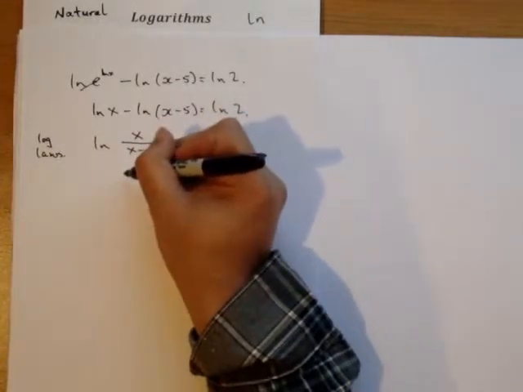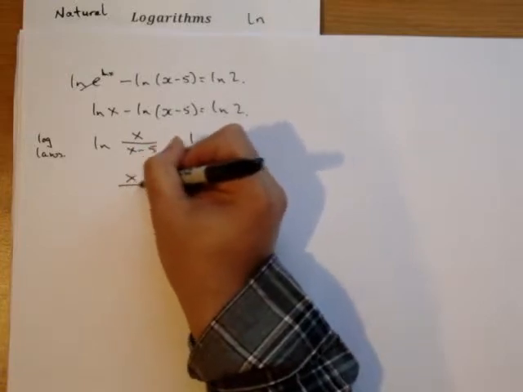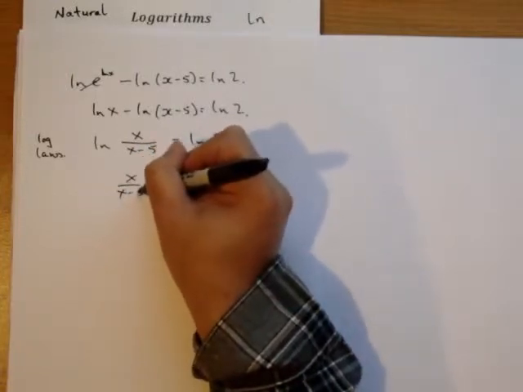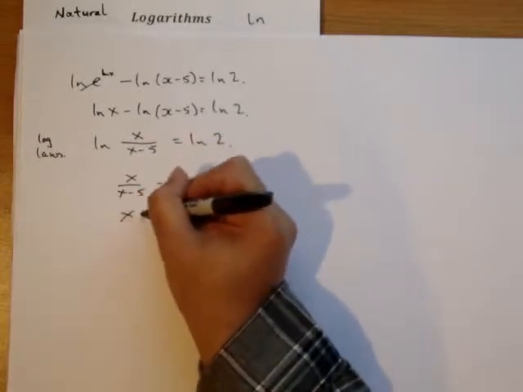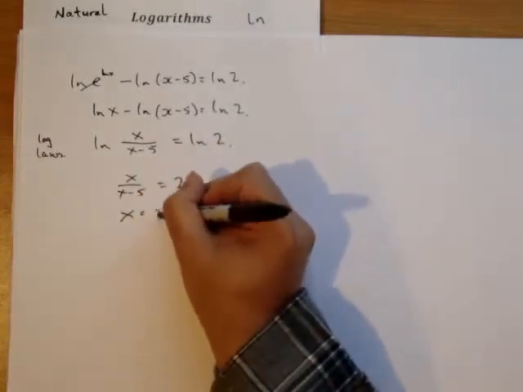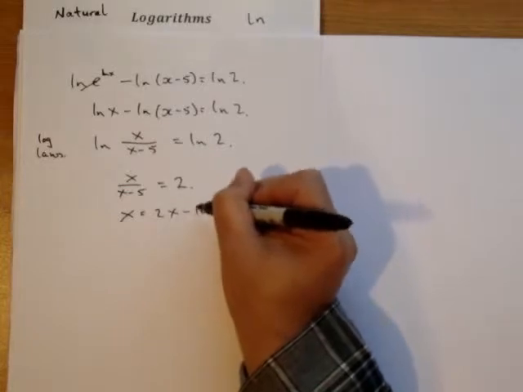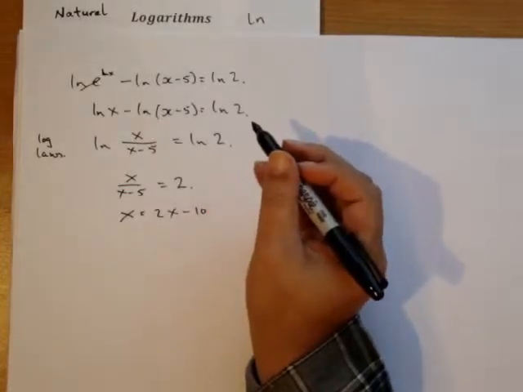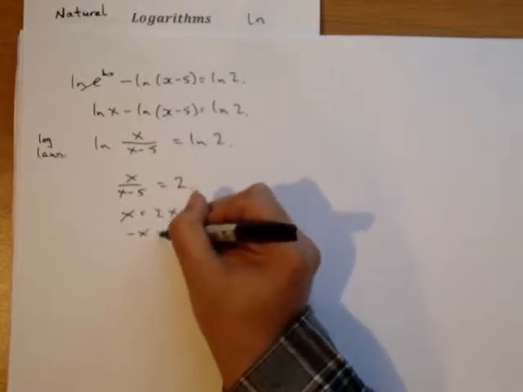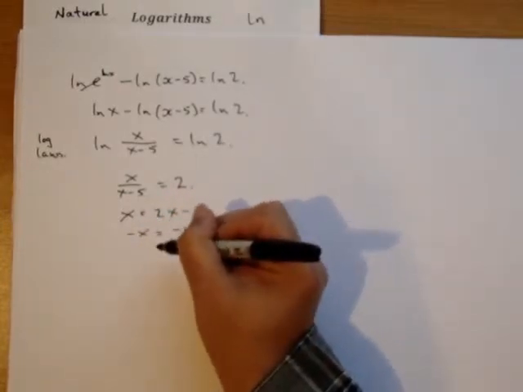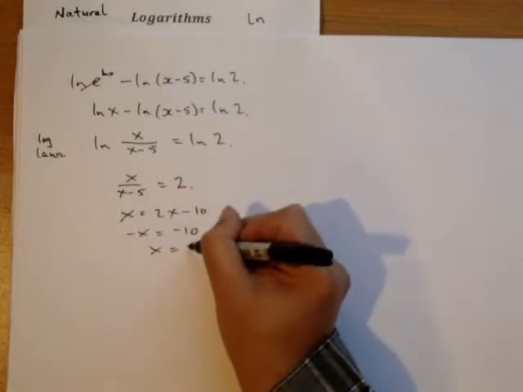So this then becomes x over x minus 5 equals 2. X equals 2x minus 10, minus x equals minus 10, and x therefore equals 10.